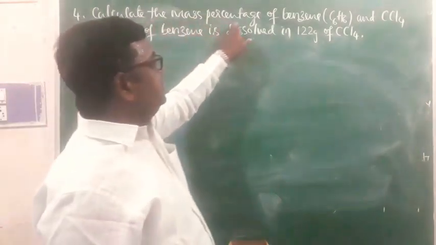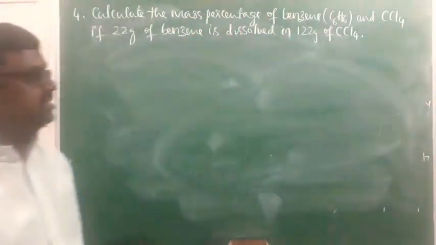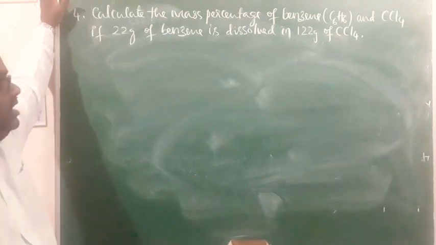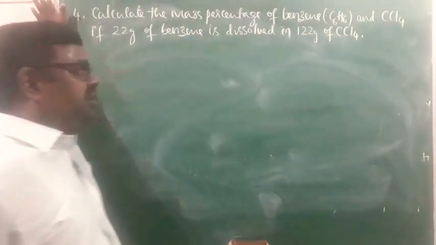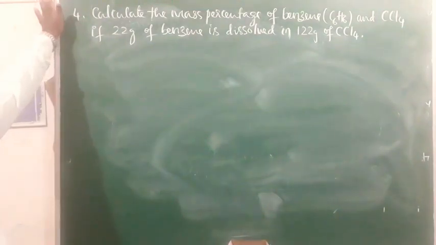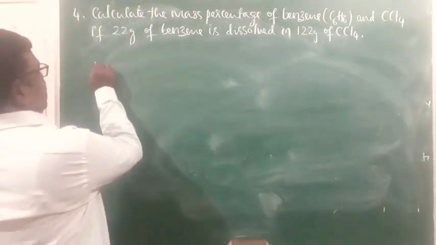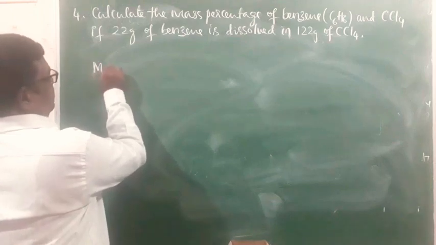Calculate mass percentage of benzene and CCl4, that is carbon tetrachloride, if 22 grams of benzene is dissolved in 122 grams of CCl4. You need to calculate mass percentage. Write the formula.